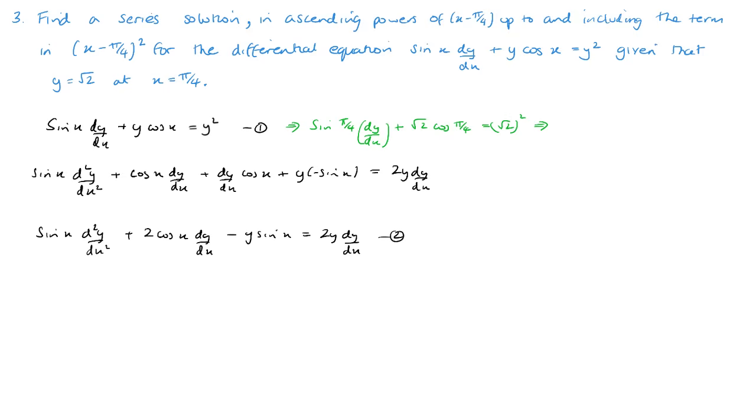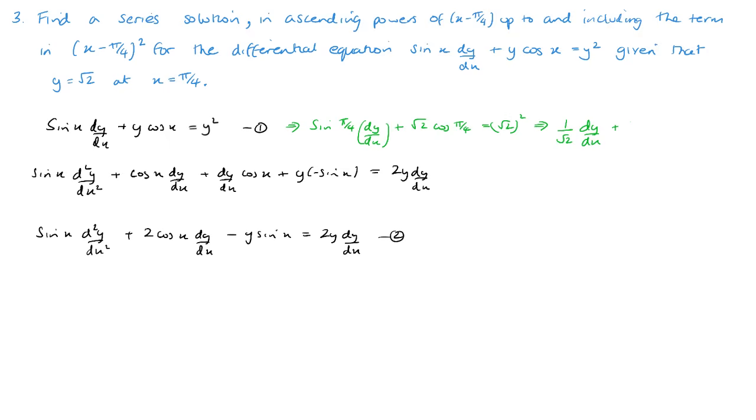So sine of pi by 4 is 1 over root 2, or root 2 over 2, if I rationalize the denominator. And cos of pi by 4 is the same.